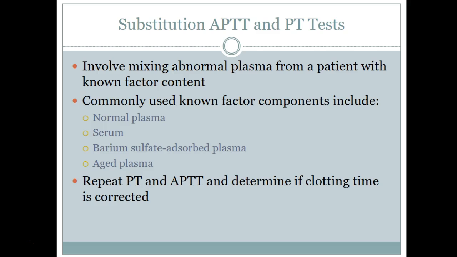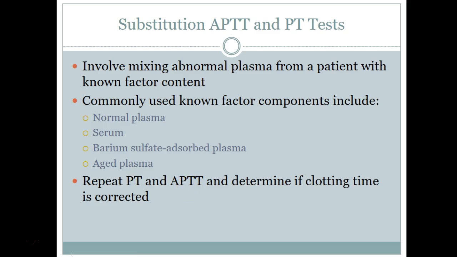What a substitution or mixing study involves is you're taking the patient's plasma and mixing it with a substance that we know exactly what's in. Some of the substances we're known to use are normal plasma, serum, adsorbed plasma, or aged plasma. We know exactly what factors belong in those. By mixing it together and determining the results, we can rule in, rule out what factor is causing the issue. Once we mix the substance with the patient's plasma, we're going to repeat the PT and APTT tests and determine if it helped.